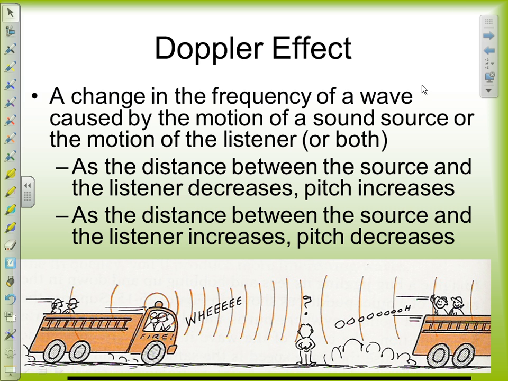What we find out here, we'll just finish it off real quick. What we find out is that as the distance between the source of the waves and the listener of the waves decreases, we see an increase in the frequency of those waves.